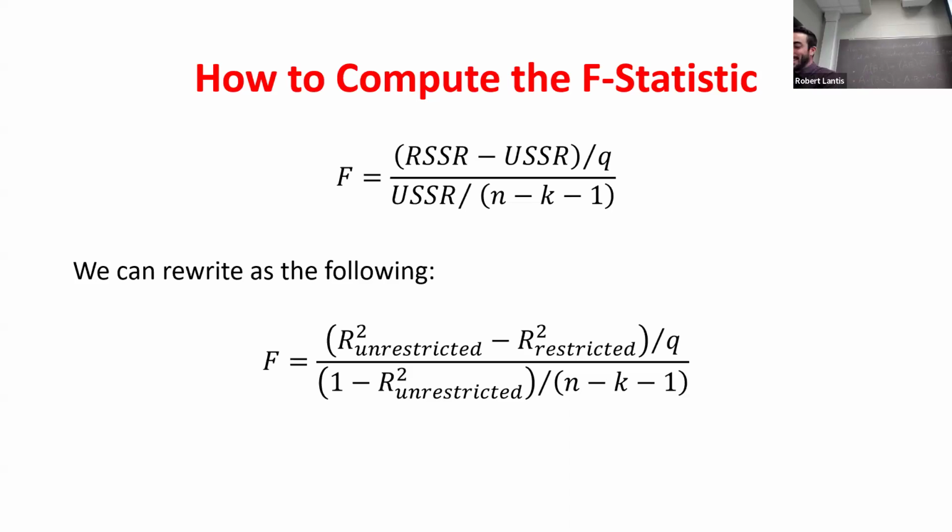If I'm increasing the denominator, what's happening to this fraction? So by including more variables in my regression, what's happening to my F statistic? It's going down, which means my p-value will be doing what? Going up, which means it's less likely I can say that these added variables have an effect.